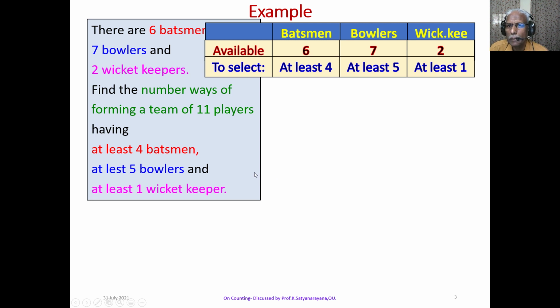How can we do that? We can do straight away 2 wicket keepers, and that 11 minus 2, 9 will be divided among them, at least 4 and at least 5. That is 4 plus 5 is 9.